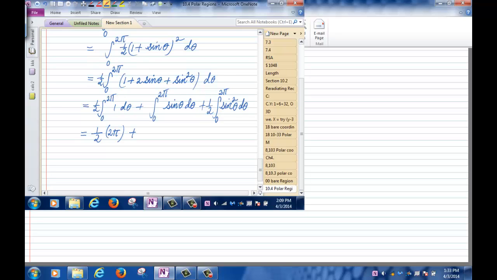And then for the second integral, the antiderivative is what? The antiderivative for the second one? Negative cosine theta, evaluated at 2 pi and 0.